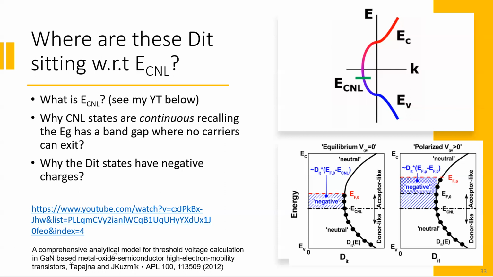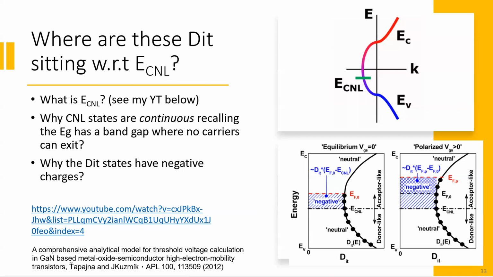But in reality, every device in this world is less than 50. You lost 95% of your mobility. And that's how severe this problem is. It kills your device, it makes your mobility very low. And that's the problem even for gallium nitride.